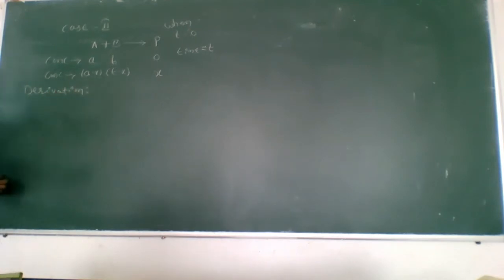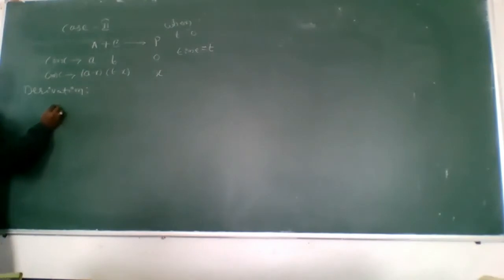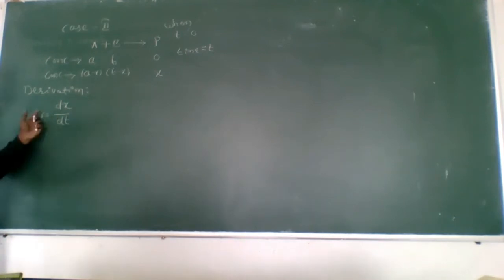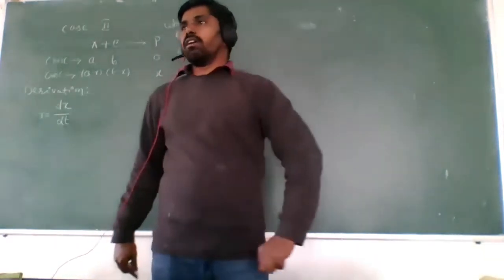How can we write the rate of reaction? dx by dt is the rate of reaction. Small r equals dx by dt. What is the rate of reaction?